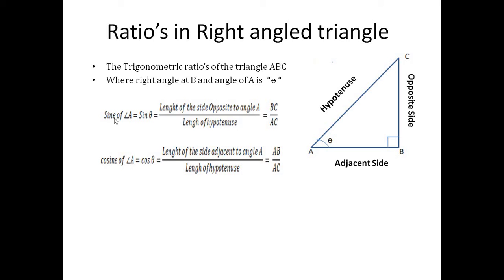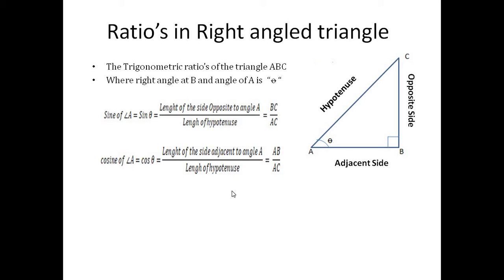We will not use sine of angle A, cosine of angle A. Cos theta is the length of the side adjacent to angle A, that is AB, by the length of the hypotenuse, that is AC.